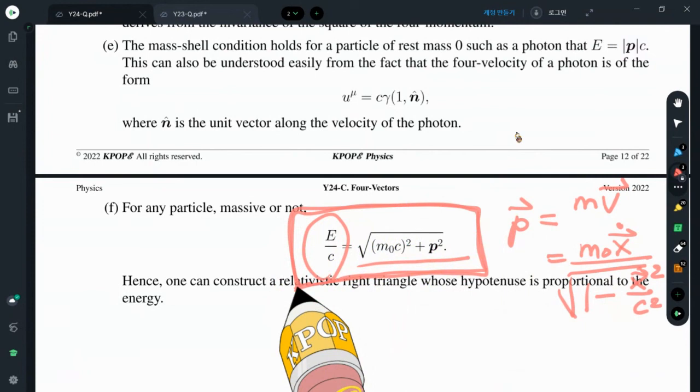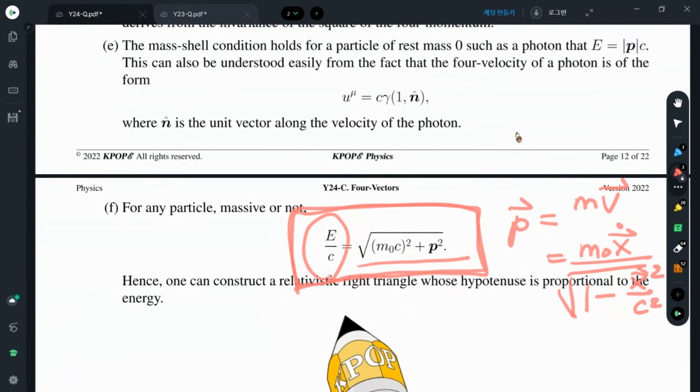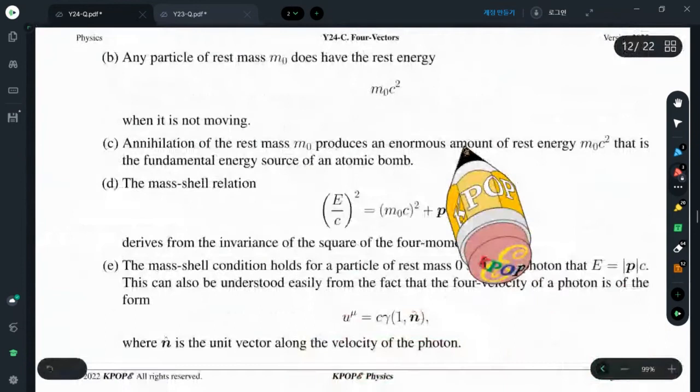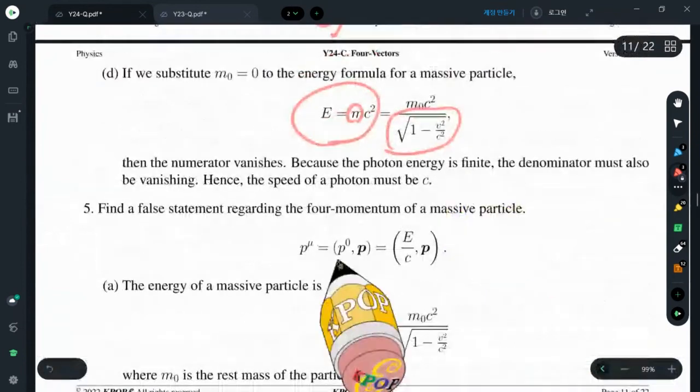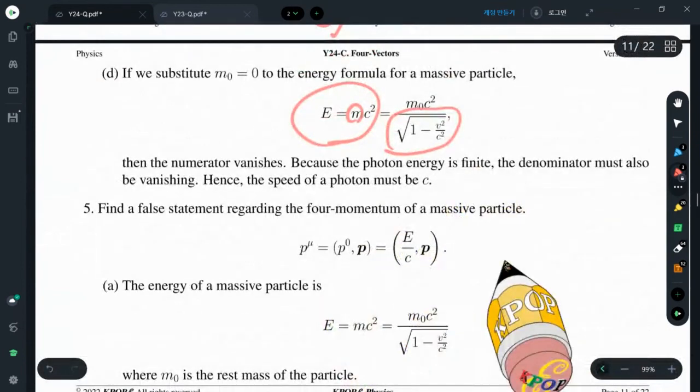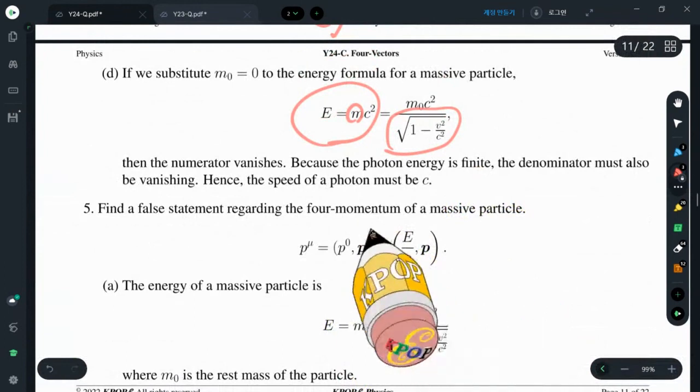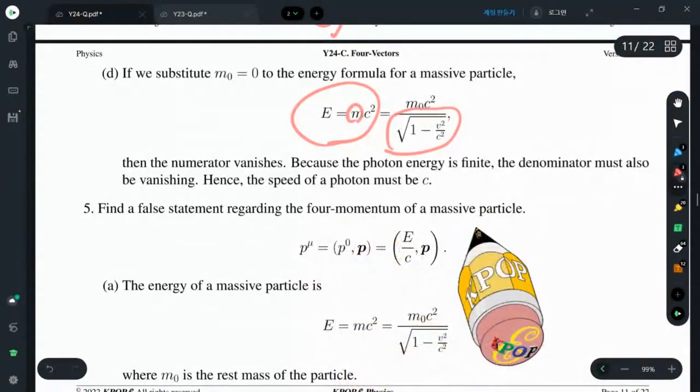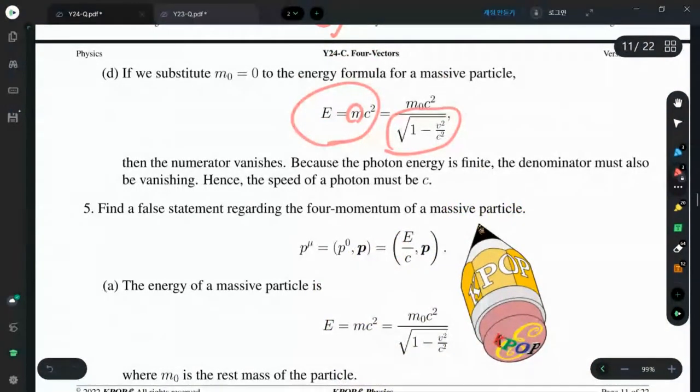Especially the Compton effect verifies that the full version of the four components of the four-vector are physical. This is not imagination, it is fact. It is a verified fact through experiment.